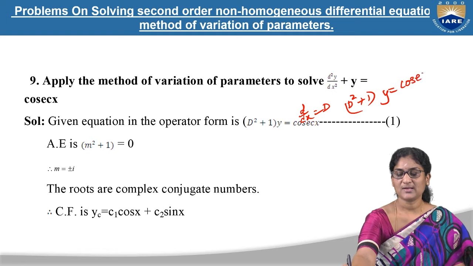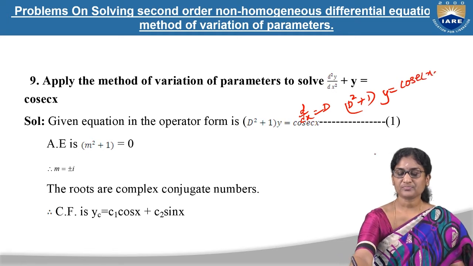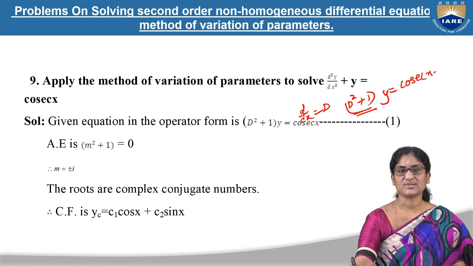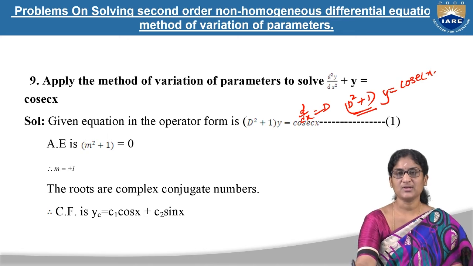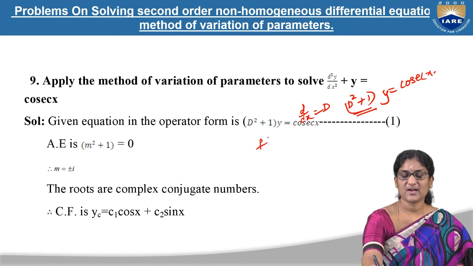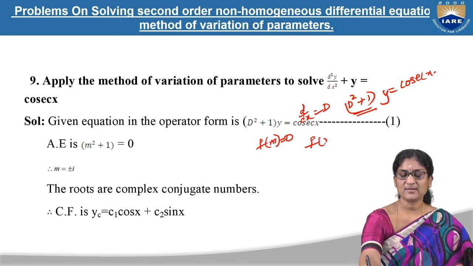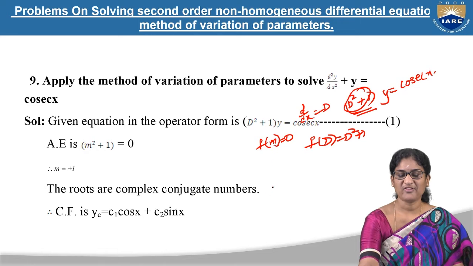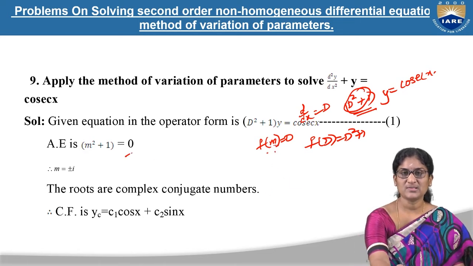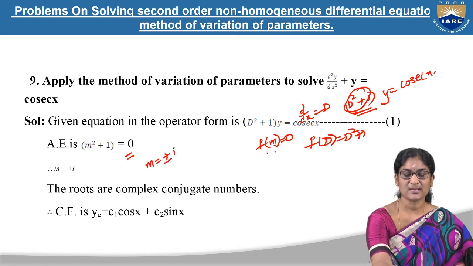Now, to get the auxiliary equation, we take f of m equal to 0, where f of D is D square plus 1. So m square plus 1 is equal to 0, or m is equal to plus or minus i.